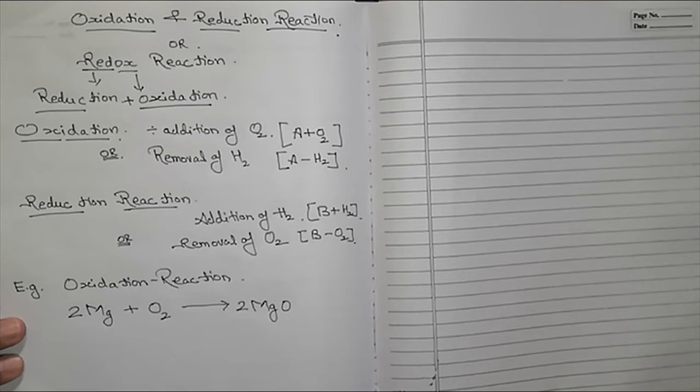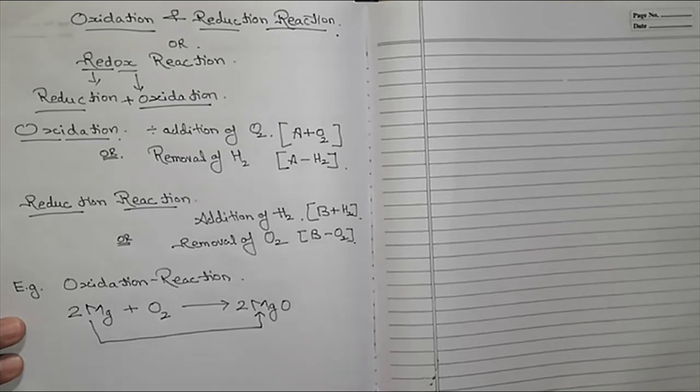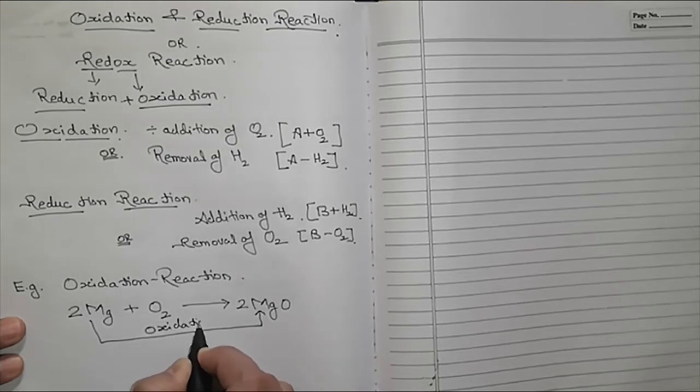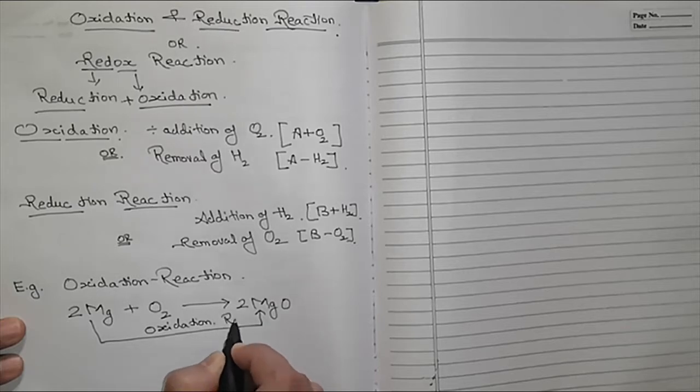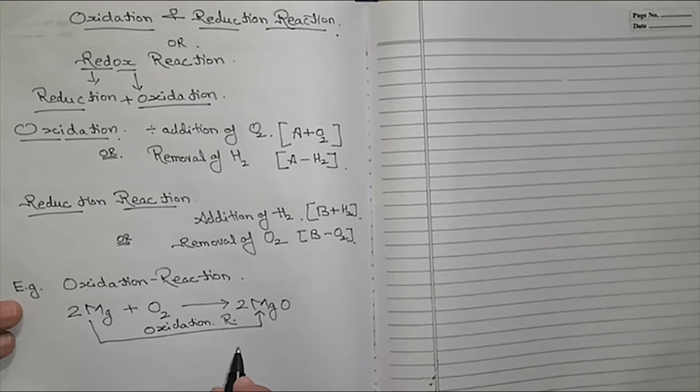So this reaction is known as oxidation reaction. Oxygen was added to magnesium, so this is an oxidation reaction. I'm just going to write R for reaction.